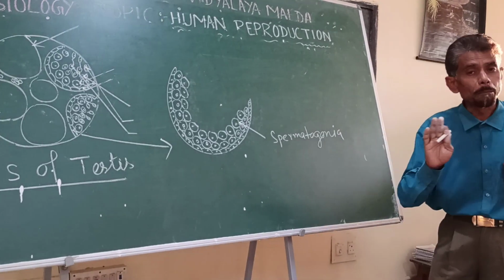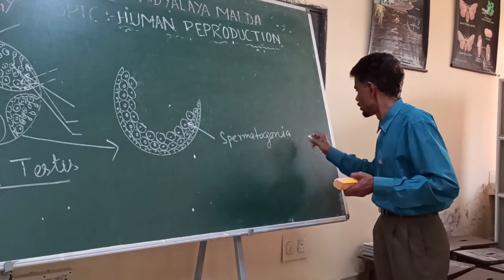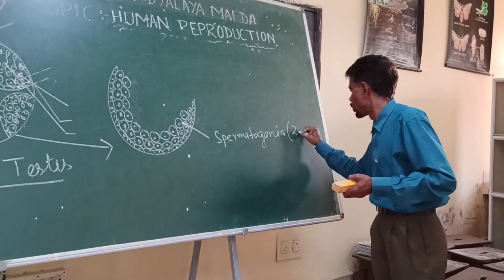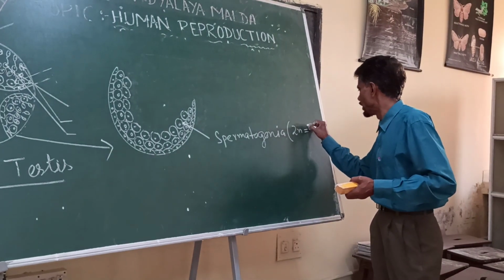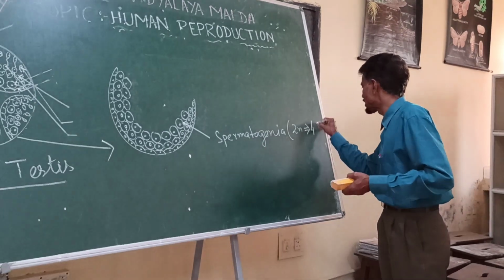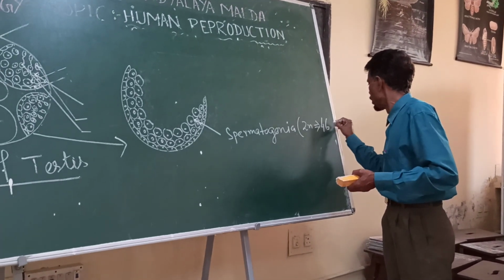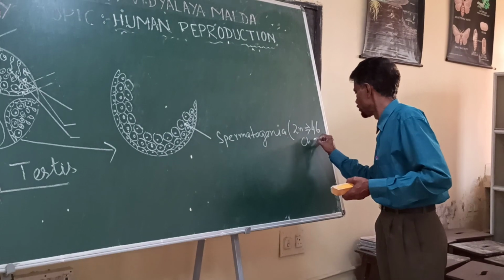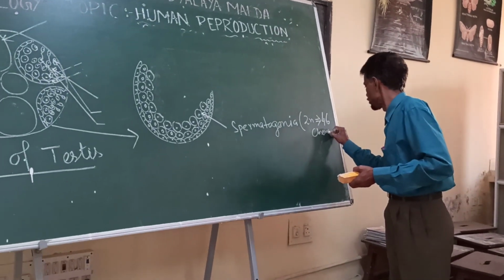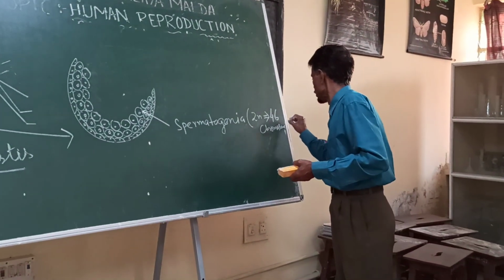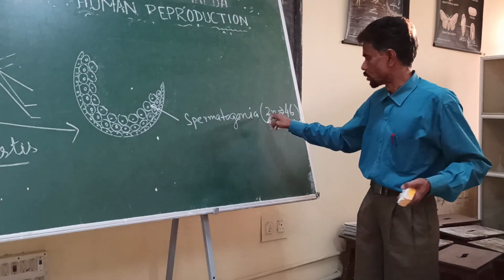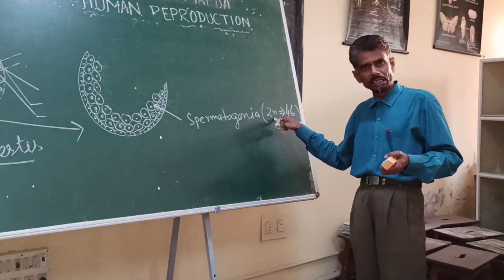What will be the ploidy of this cell? Diploid, 2n, that is having 46 chromosomes, two sets of chromosomes.